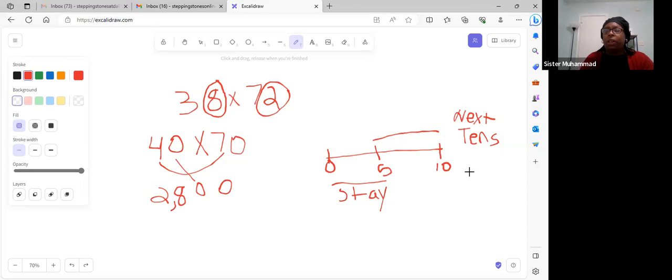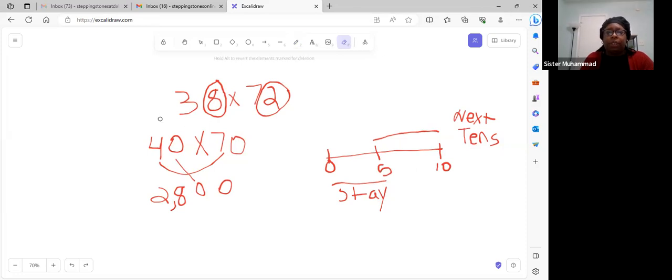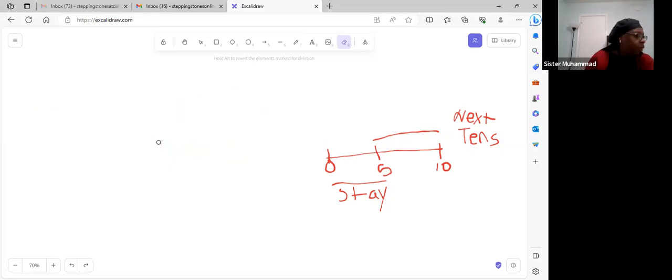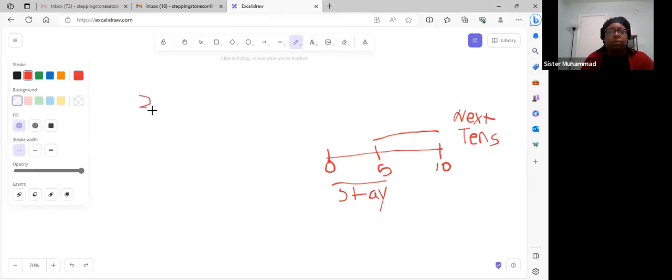Okay? So we're going to leave our mathematical map here, or our number line, and we're going to try another one. We have 31 times 33. Okay? So we're going to look at the ones place.